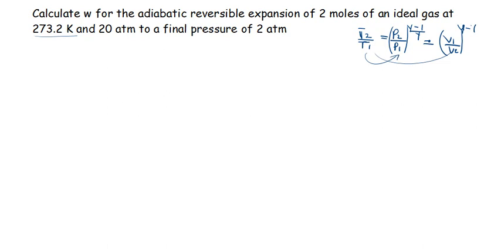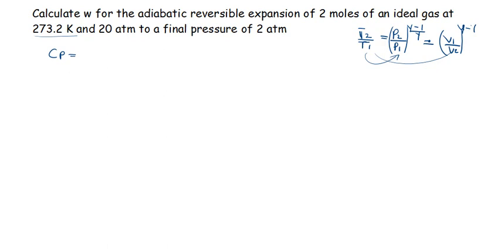So now what we need to know is Cp. Have we been given Cp here? Okay, calculate W for the adiabatic reversible expansion of a gas. We haven't been given some data here.